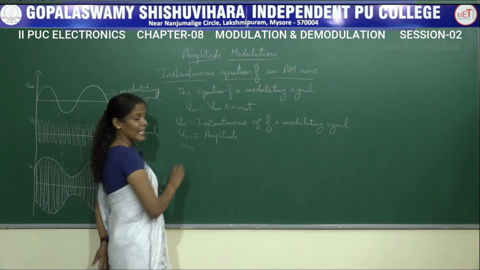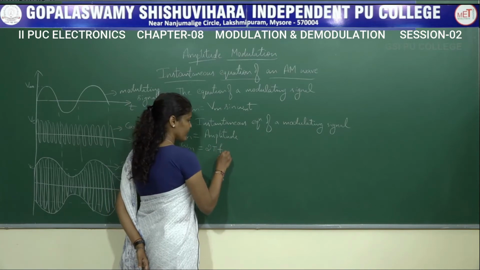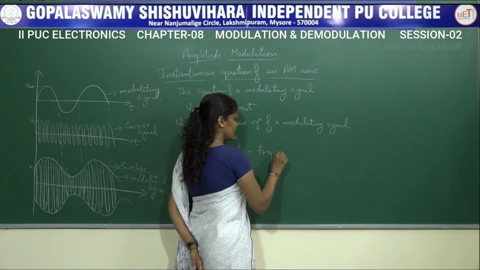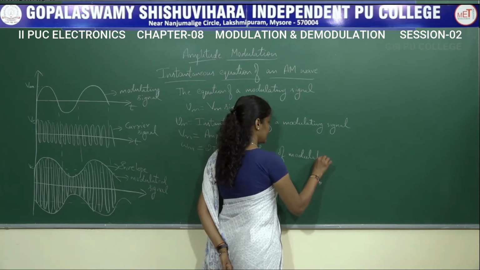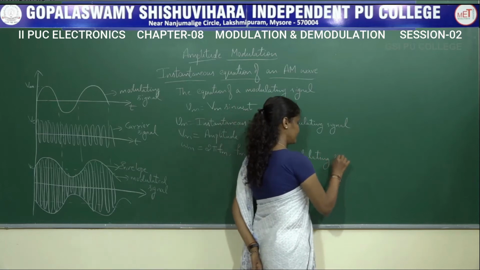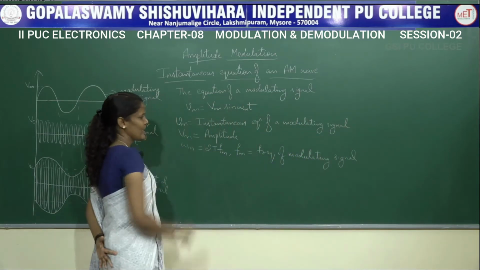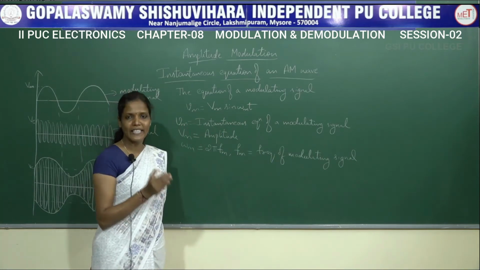Omega m is nothing but the angular frequency, which is given by 2 pi fm, where fm is the frequency of the modulating signal. So v m equals Vm sin omega m t is the instantaneous equation of a modulating signal.